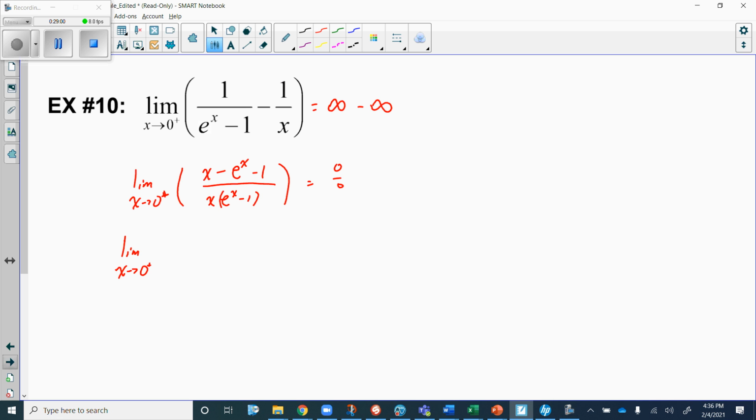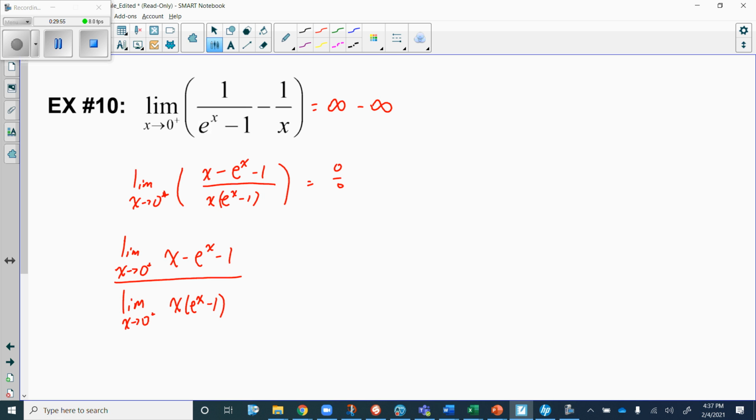I think the easiest way of expressing this one would be to say the limit of the numerator, x minus e to the x power minus 1, over the limit as x approaches 0 from the right-hand side of the denominator, x times e to the x power minus 1.